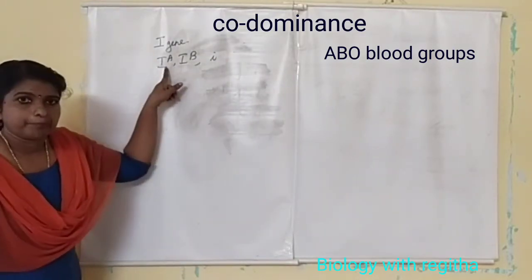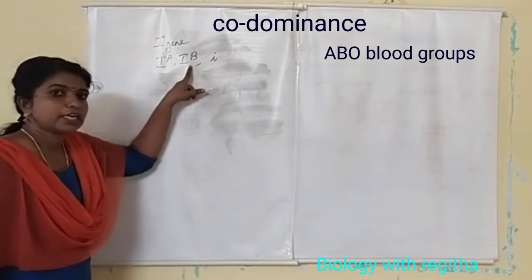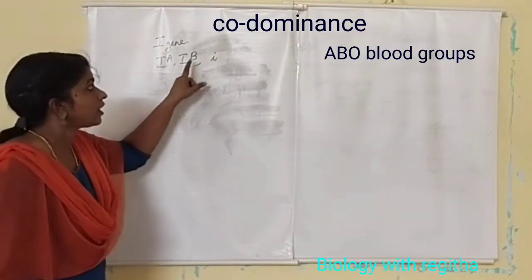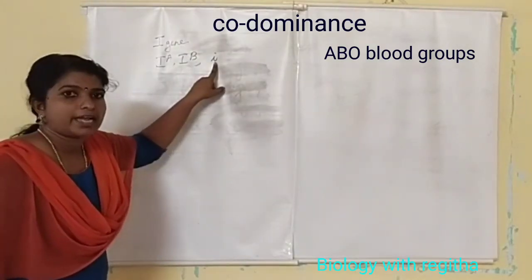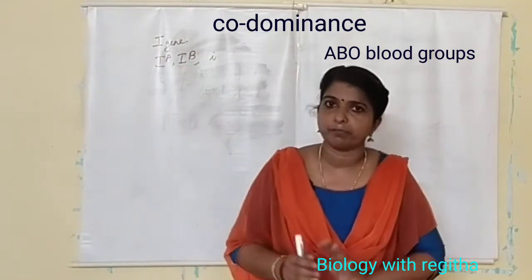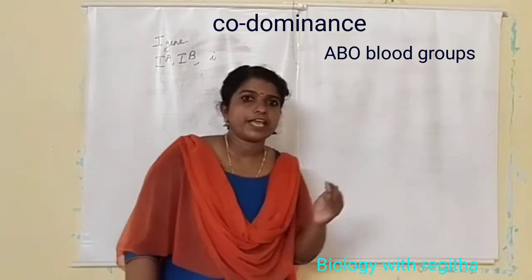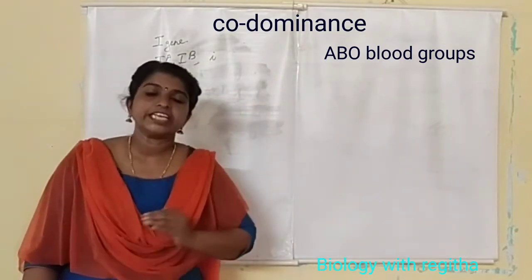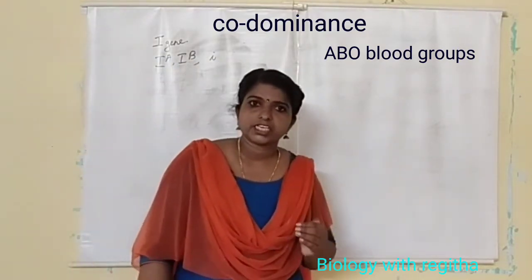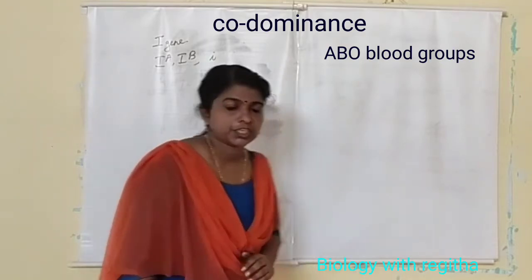IA controls one type of sugar polymer, IB controls another type of sugar polymer, whereas small i is not able to produce any kind of sugar polymer. You know the classification of A, B, AB and O. It is based on the presence or absence of certain antigens or antibodies.